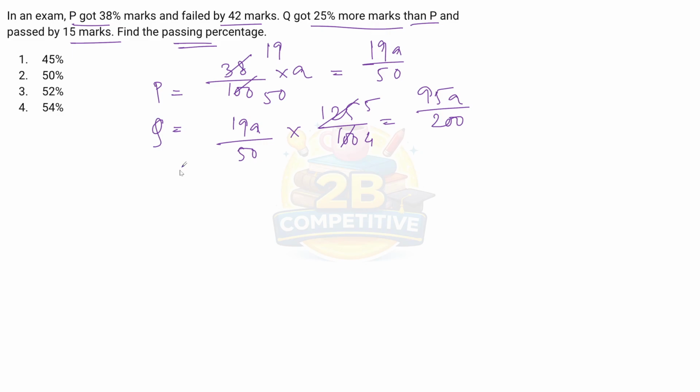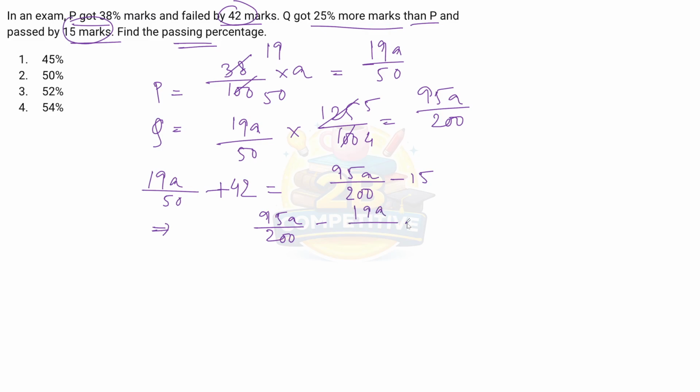So here the equation will be 19A by 50, failed by 42, that means plus 42, and 95A by 200, passed by 15, that means minus 15. So solving this, 95A by 200 minus 19A by 50 equals 42 plus 15.